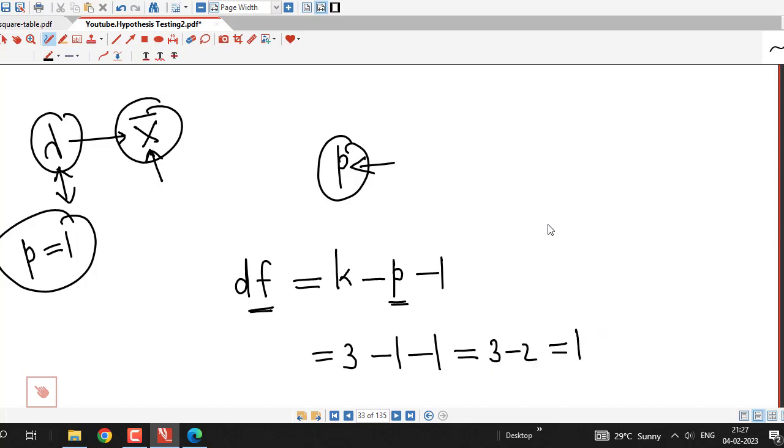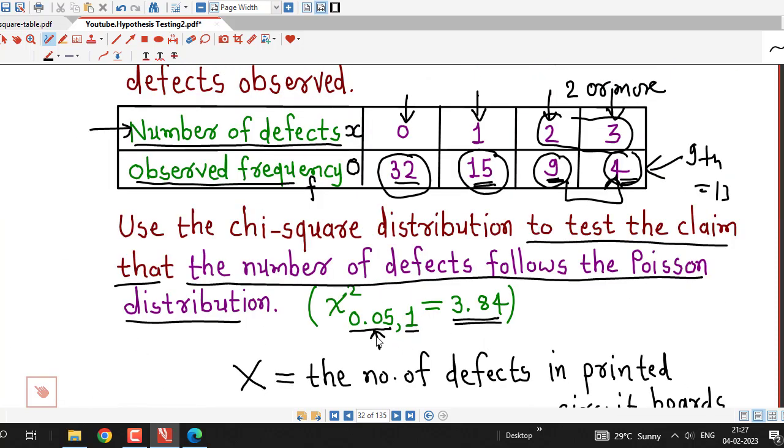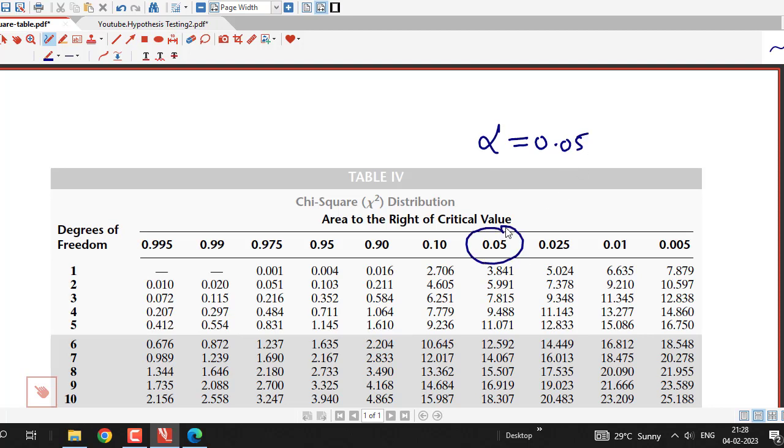So the number of degrees of freedom is 1, and you can see they have written that the value of the chi-square distribution with alpha equal to 0.05 and 1 degree of freedom is 3.84, and we can check in the table also. Level of significance is 0.05. So we look here, and degrees of freedom are 1.